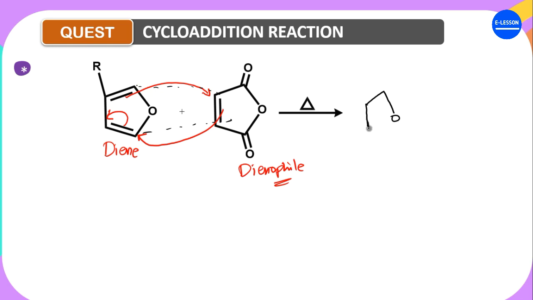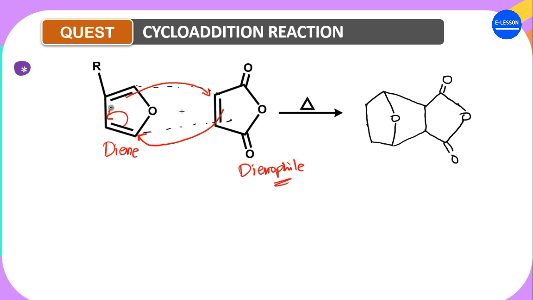So you have something like this, and then you have this linkage that links this to this carbon, and then you have this coming here, then oxygen, then you have the double bond oxygen, double bond oxygen.